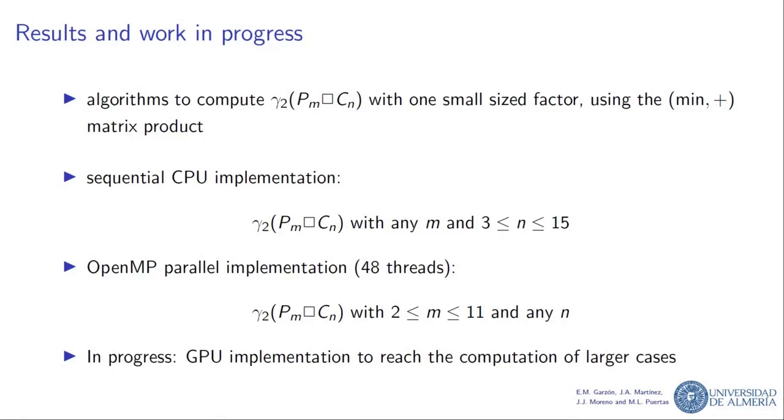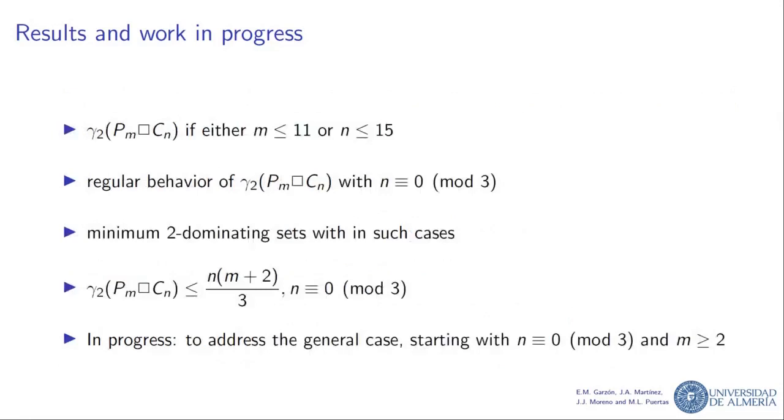And at the moment, we are working on a GPU implementation of our algorithms to reach the computation of larger cases. And from the mathematical point of view, the values we have obtained for the two-domination number of a cylinder with a small path or a small cycle give us the opportunity to observe a regular behavior in the cases of cycles with size congruent with 0 modulo 3.